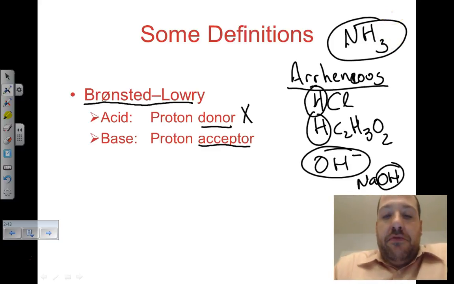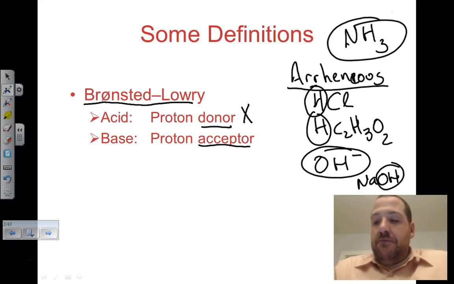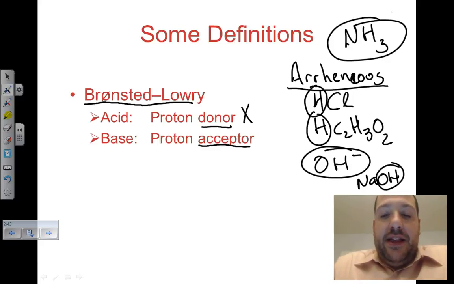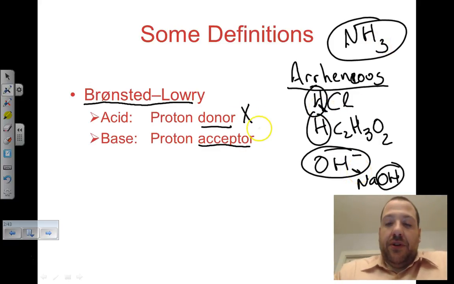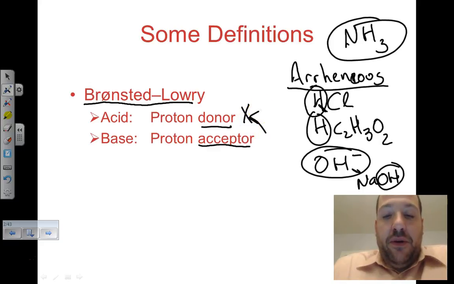So in comes Bronsted and Lowry, and instead of talking about hydrogen ions and hydroxide ions, they were really only going to talk about the flow of hydrogen ions.